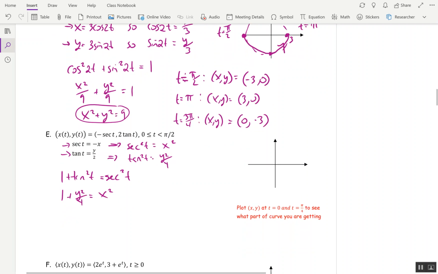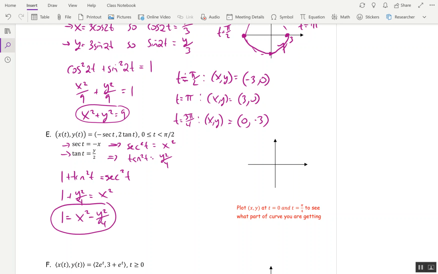Now, to figure out whether this is going to be an ellipse or a hyperbola, we want to get the positive 1 on one side, and both the x squared and the y squared on the other side. So I can rewrite this as 1 equals x squared minus y squared over 4. Since there's a minus in it, I have a hyperbola.